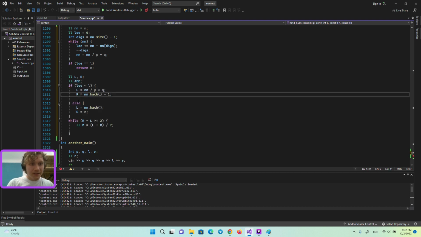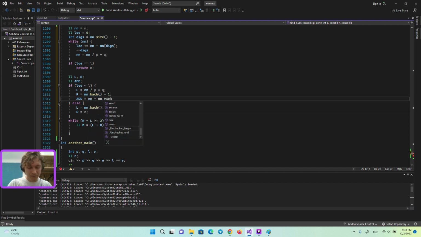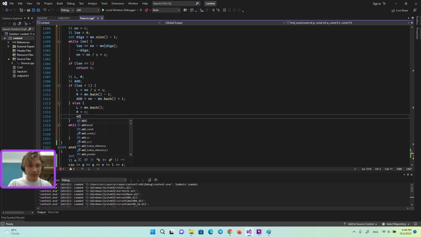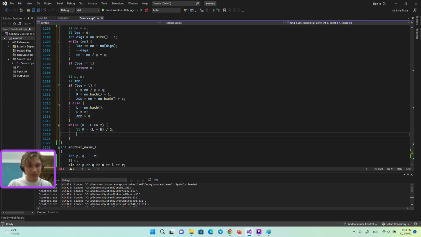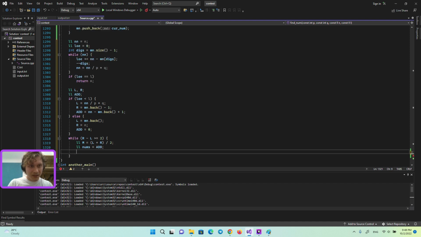So also here I say that addend is I have to add all numbers from mn back to nn. Always. I have to add them all. And here I say that add equals 0. And again, I do this.